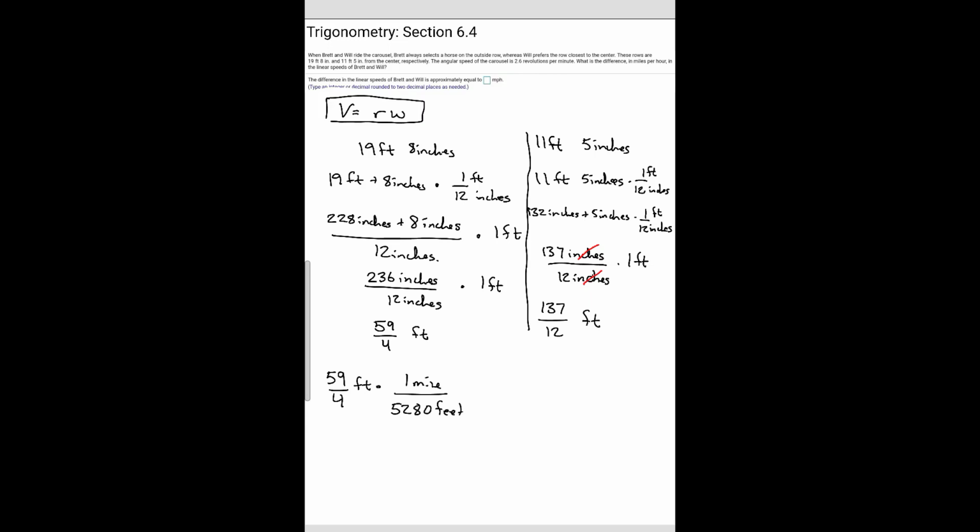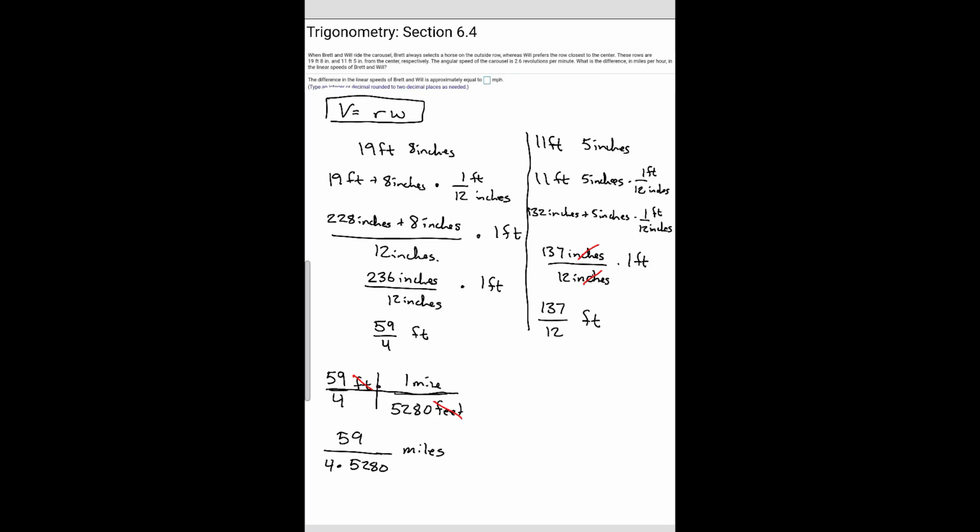Another way to do the dimensional analysis, I've always shown my students using the grid. That's how I've always done it. It makes sense to me. You might have other ways to go about it, and that's fine. What this shows is that the unit feet would cancel out, and all you're left with is miles. So technically, we have 59 over 4 times 5,280, and the only unit we have left is miles.